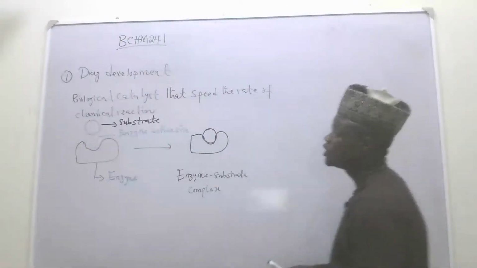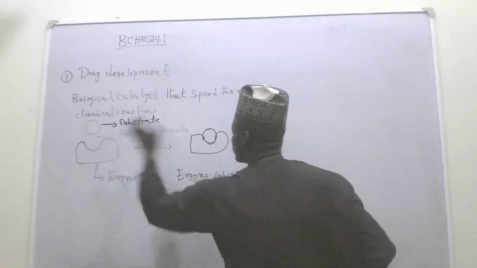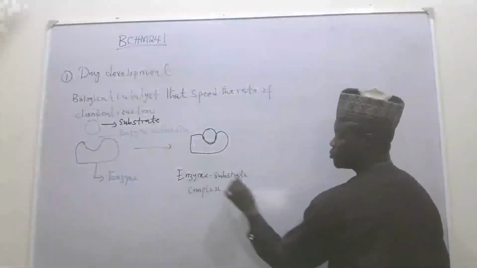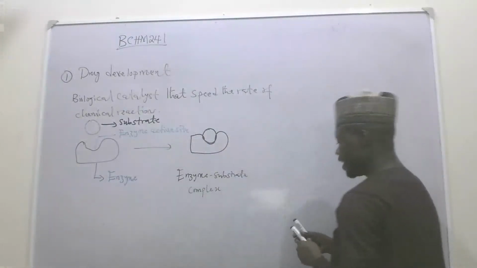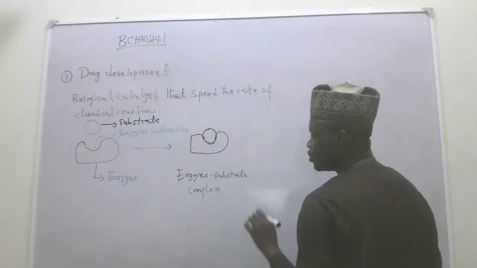Now we see we have the substrate here and it binds to the enzyme. When the enzyme binds to the substrate, it forms what we call the enzyme substrate complex. There are three steps.